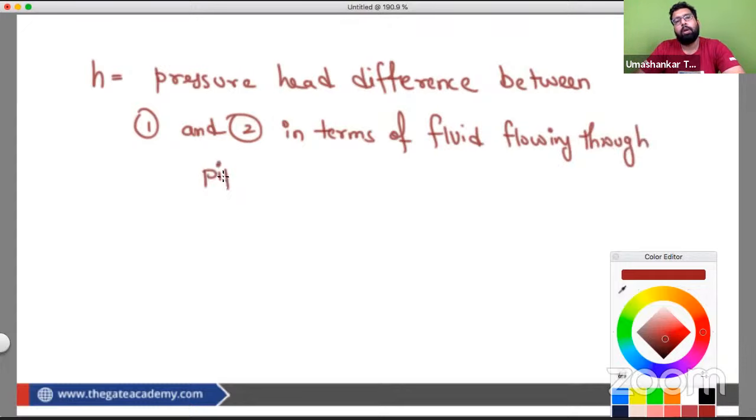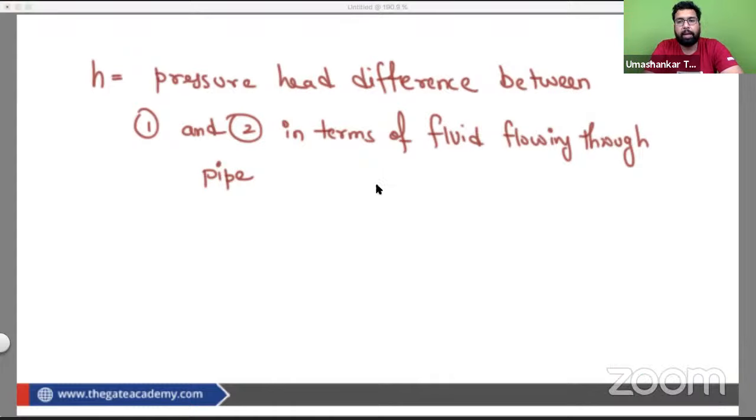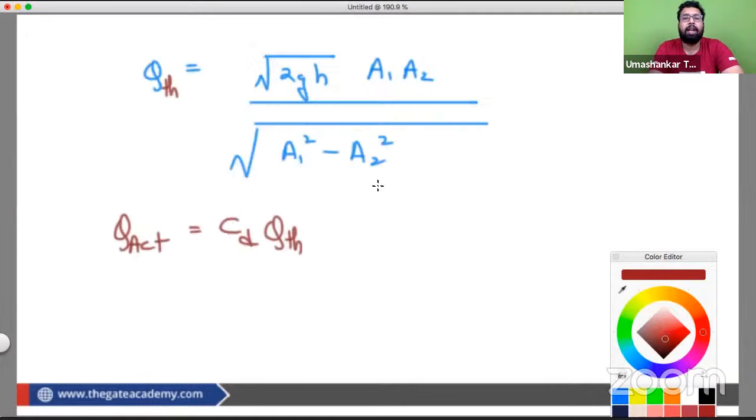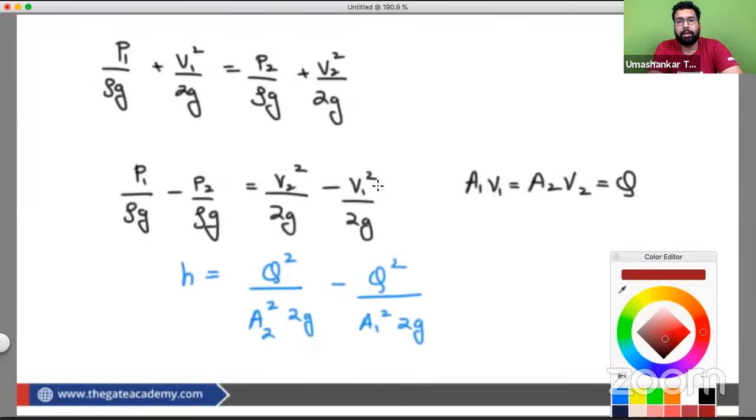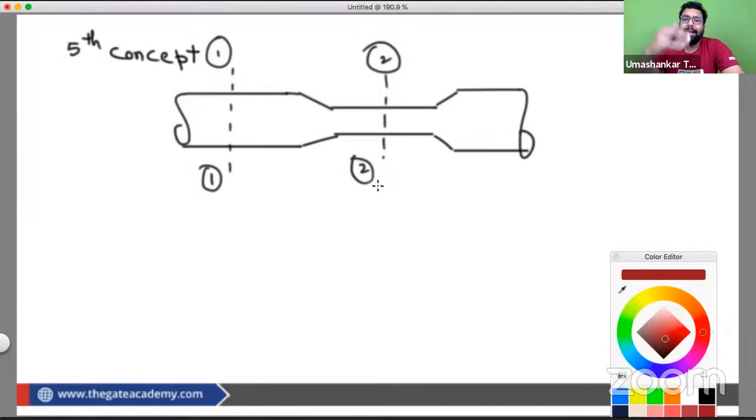Right or wrong? So H is the pressure head difference between 1 and 2 in terms of the fluid flowing through the pipe. Okay, so we have section 1, we have section 2. So this H is representing the pressure head difference. Now, in the last session, we saw that this pressure head can be measured by using manometers.